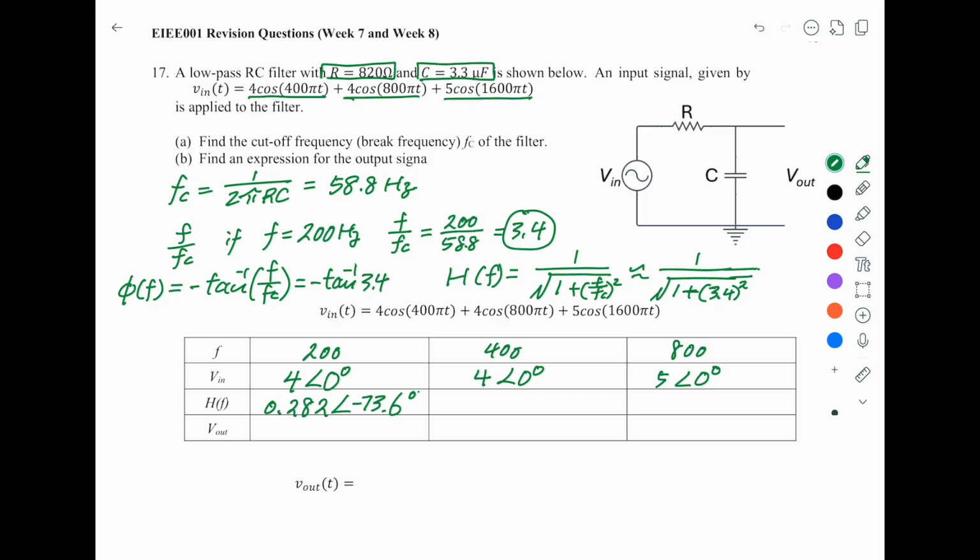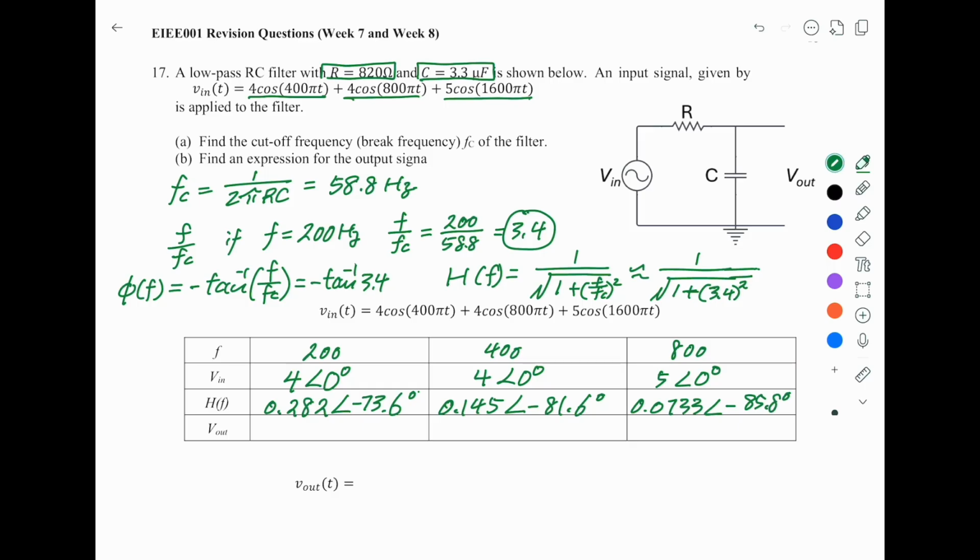So you will find the transfer function for 400 Hertz is 0.145, and the angle is minus 81.6 degree. At 800 Hertz, the transfer function is 0.0733, and the angle is negative 85.8 degree.